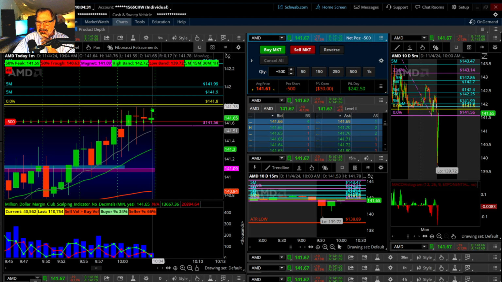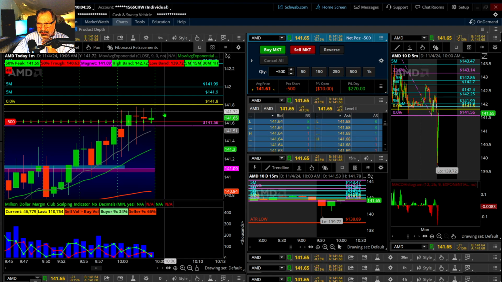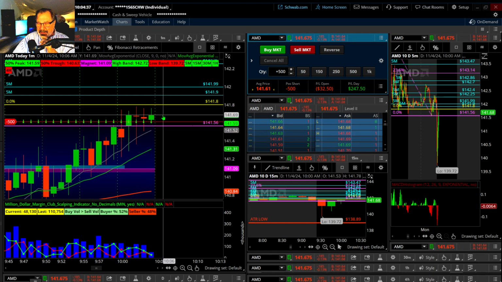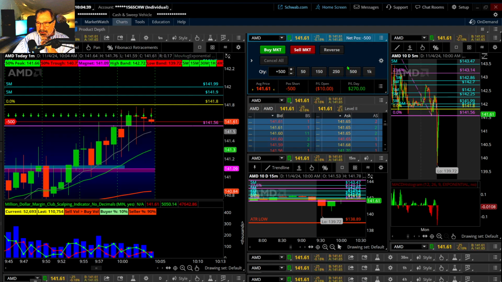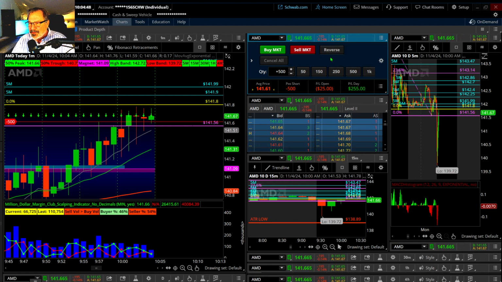Yeah, this is my point of no return right here. I should have held that before I went short. I had the right idea to ride it up, and then I quickly reversed it, thinking it was going to keep going down, and misplayed that slightly. Not too much, just slightly.